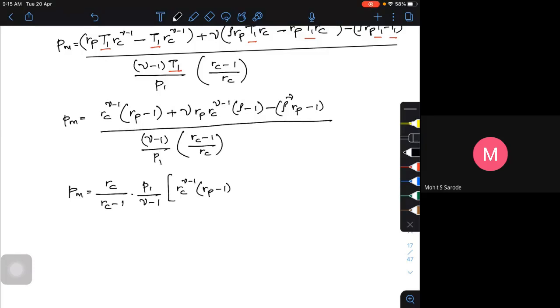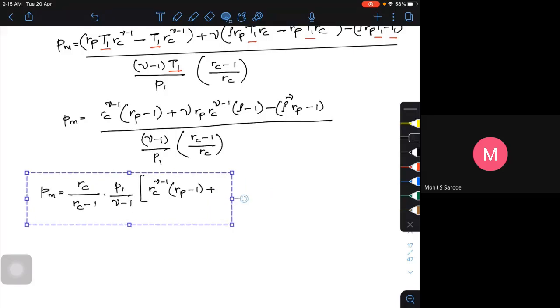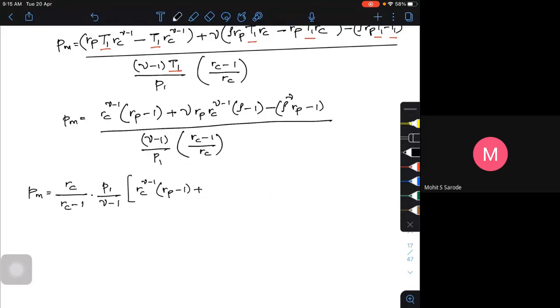into Rp minus 1 plus gamma into Rp into Rc to the power of gamma minus 1 into rho minus 1 minus rho to the power of gamma into Rp minus 1, close the bracket.